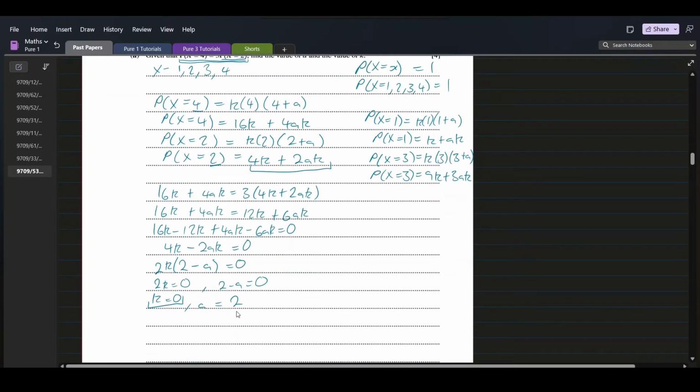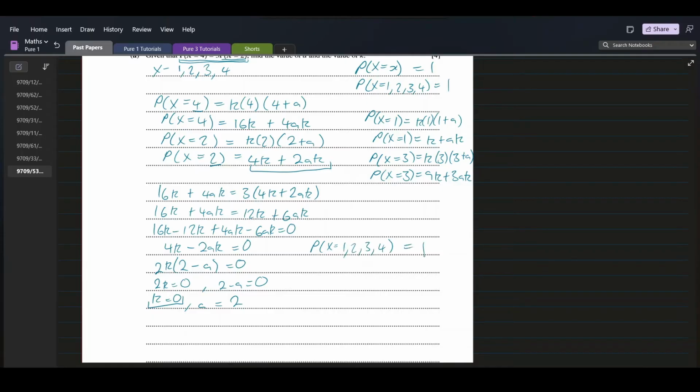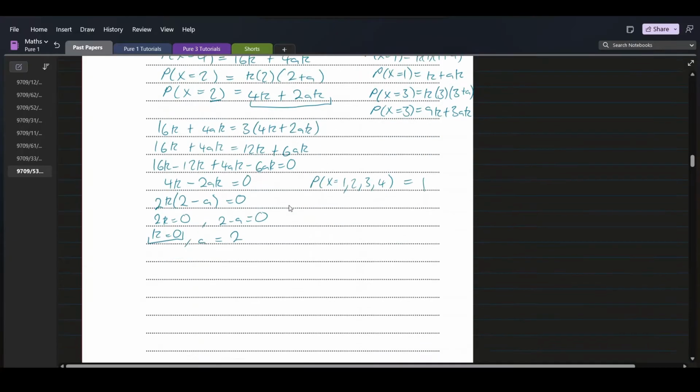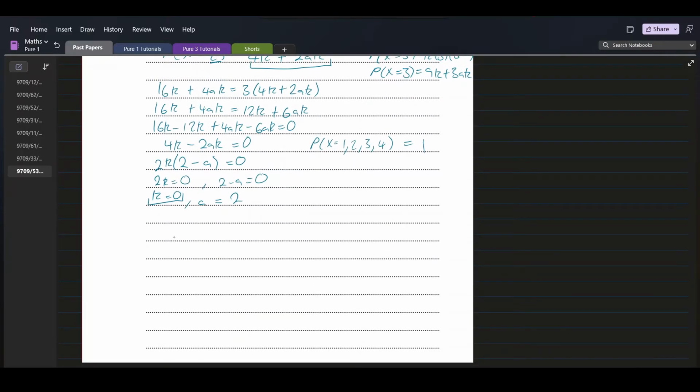Now let's put all the probabilities together. We say the probability that X is equal to 1, 2, 3, 4, all add up to 1. So let's write it below where we have more space. So this is the probability that X is equal to 1, 2, 3, 4, and that adds up to 1.